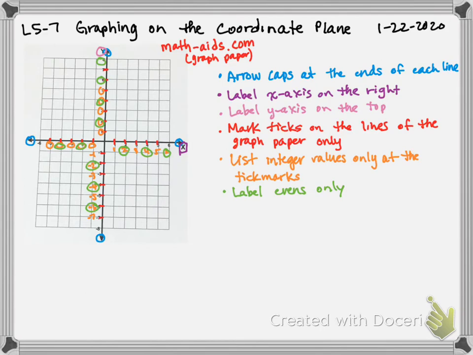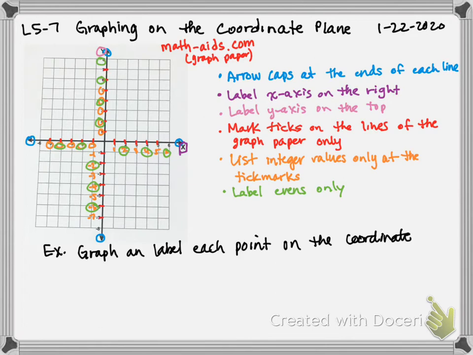All right, so let's do a couple of examples, and then we're going to call it a set of notes. So the directions are going to ask us to graph and label each point on the coordinate plane. So I think we have a total of 4 that we're going to graph. So the first one is point P, and it's located at (-2, 4).